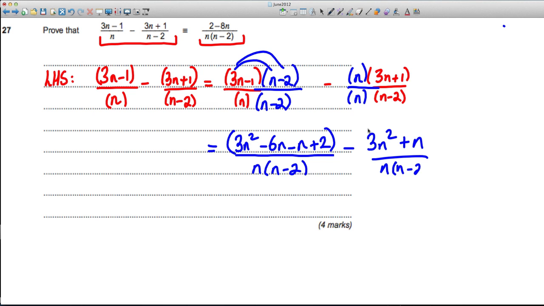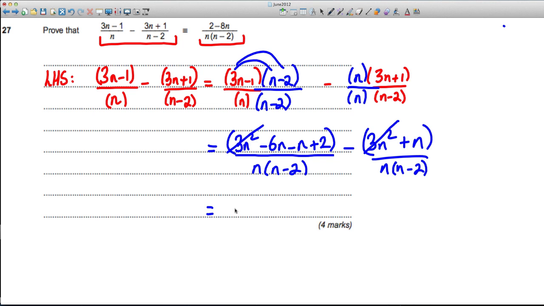Okay, I have not combined these yet. Now, at this stage, I can combine them. But remember, this takeaway means take away everything in this second bracket here. So, now we combine them. 3n squared, take away 3n squared, is no n squared. So the 3n squareds will cancel. Negative 6n, subtract an n is negative 7n.